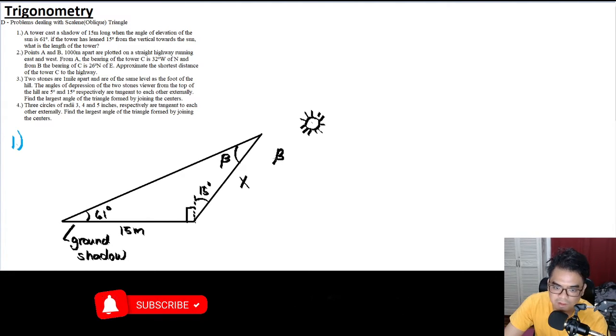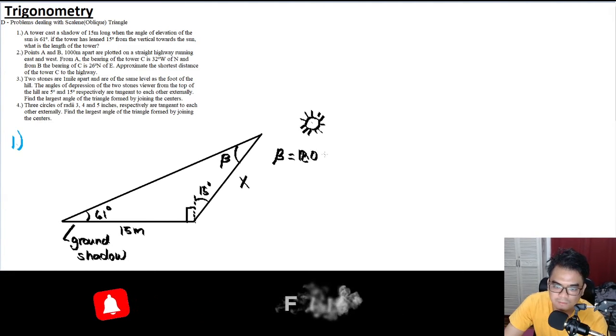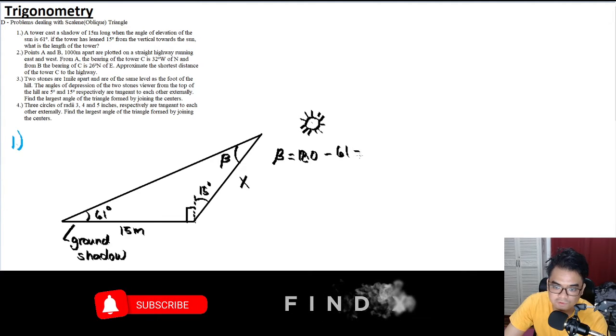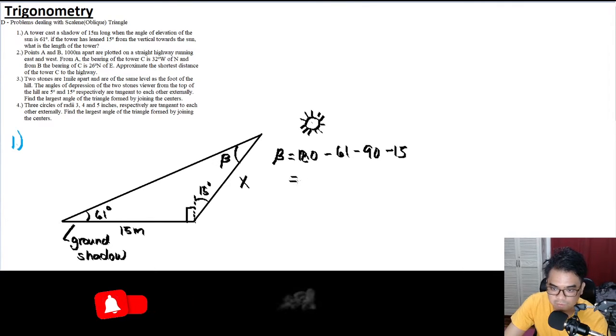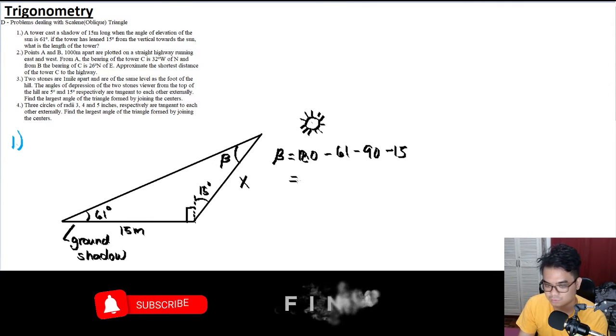Therefore, beta is equal to 180 minus 61 minus (90 plus 15), which is 14 degrees.